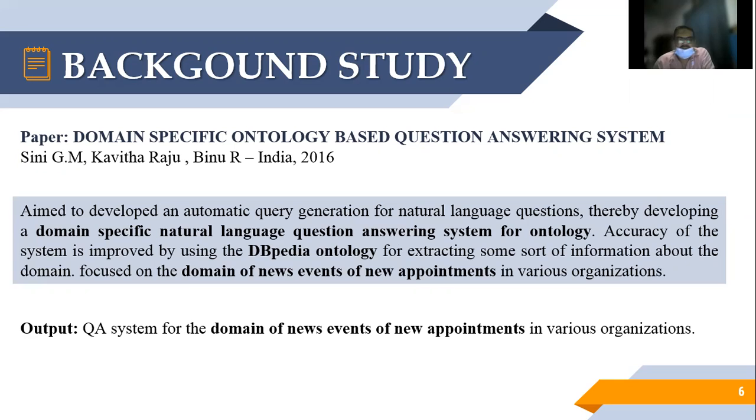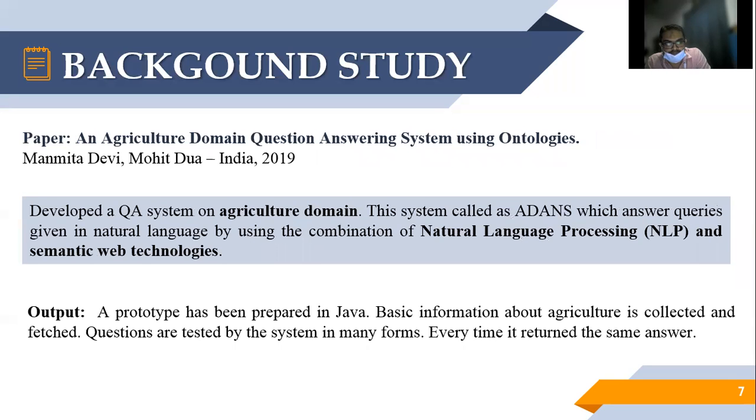The accuracy of the system is improved by using the DBpedia ontology for extracting some sort of information about the domain. They focus on the domain of news events of new appointments in various organizations. Finally, they have developed a QA system for the domain of news events of new appointments in various organizations.